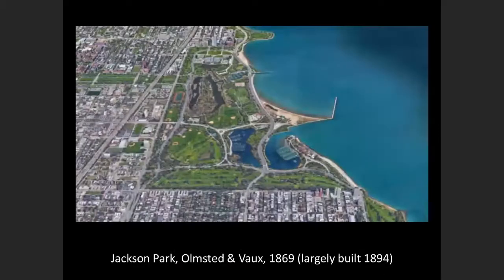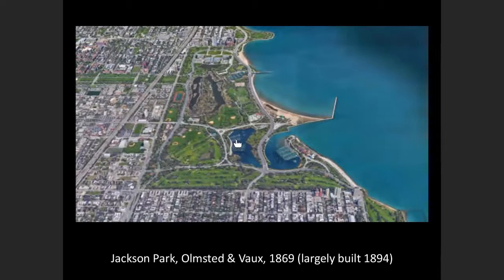So let me show you more of what I'm talking about. Here's an aerial view of Jackson Park. Again, we've got the shoreline, which was left open, free and clear per the city charter, but Jackson Park stretches in and cuts into the space here. That's where we have the Museum of Science and Industry now. The Obama Center is going to be going right in this area over here.